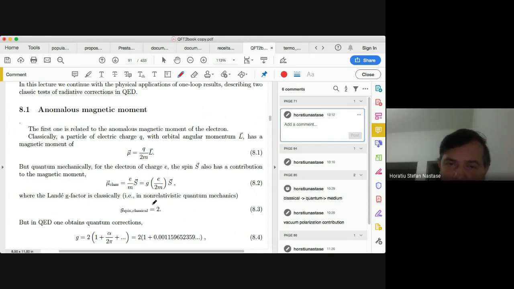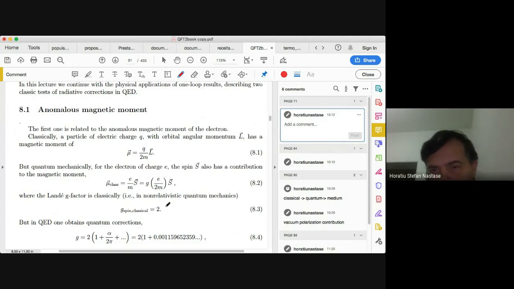Classically, meaning in this context non-relativistic quantum mechanics, we have the result 2. So in this non-relativistic quantum mechanics, in which we have a spin, G is 2.